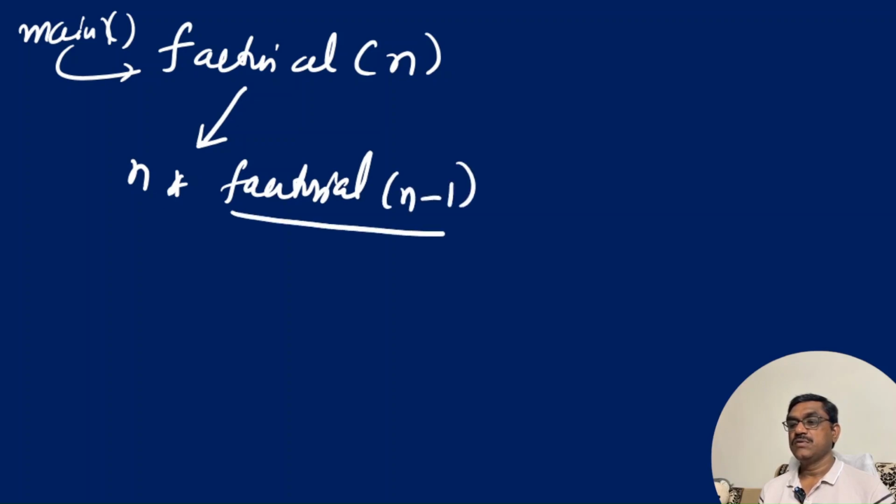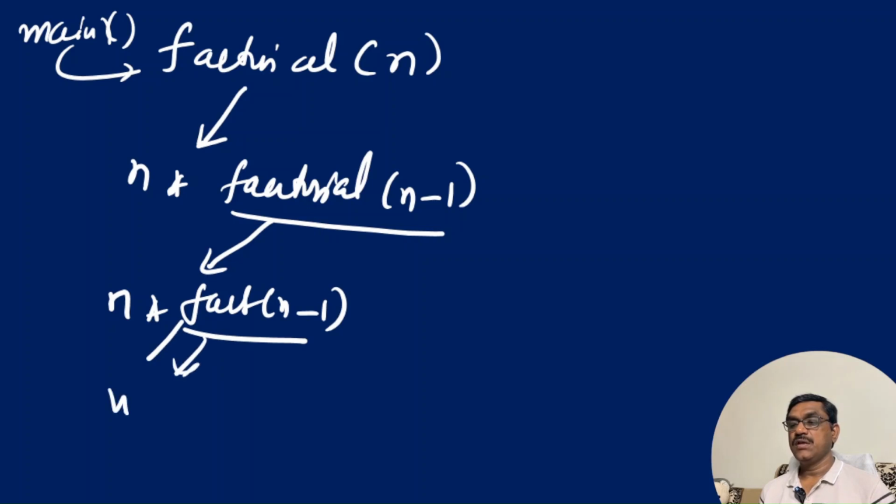Taking only this part, it is again written as n into, again, n minus 1. So again n into fact of n minus 1. Again this part is divided into n into fact of n minus 1, and so on, until we get the base condition.